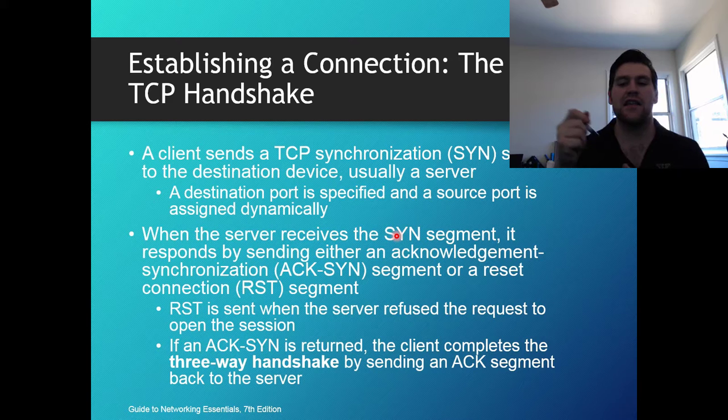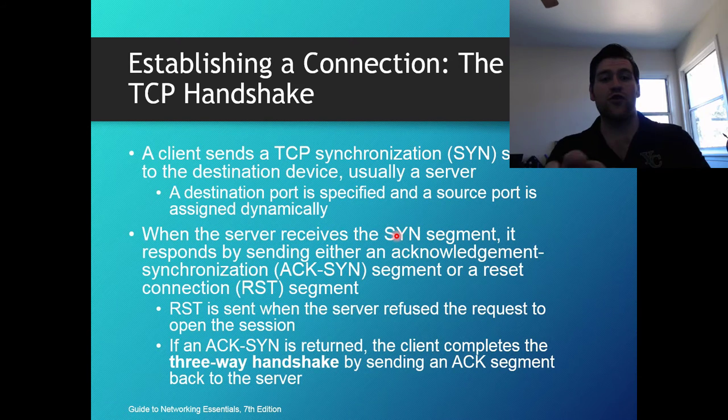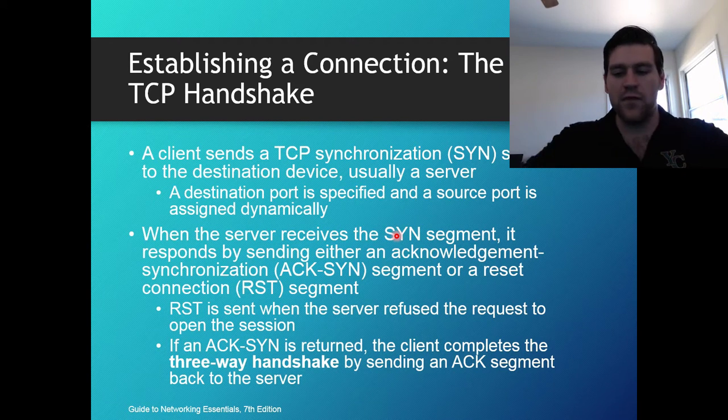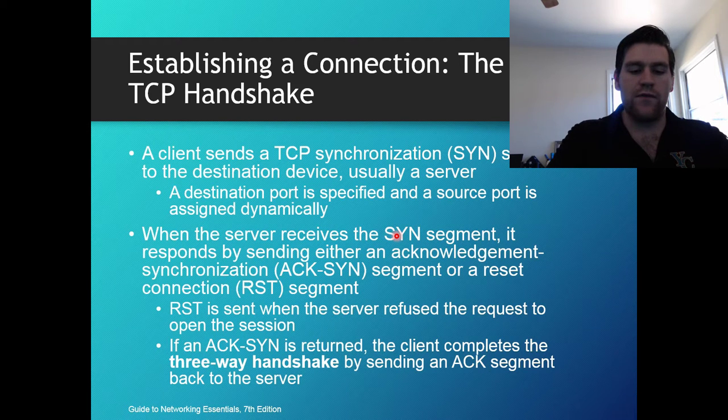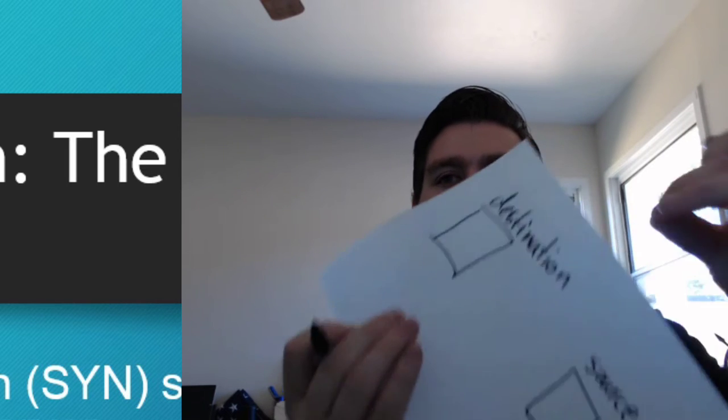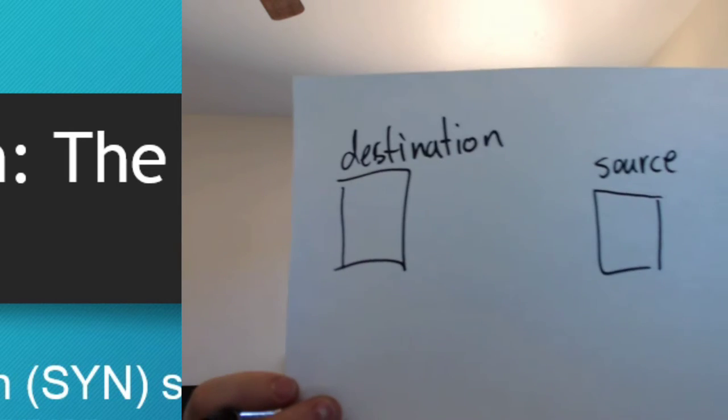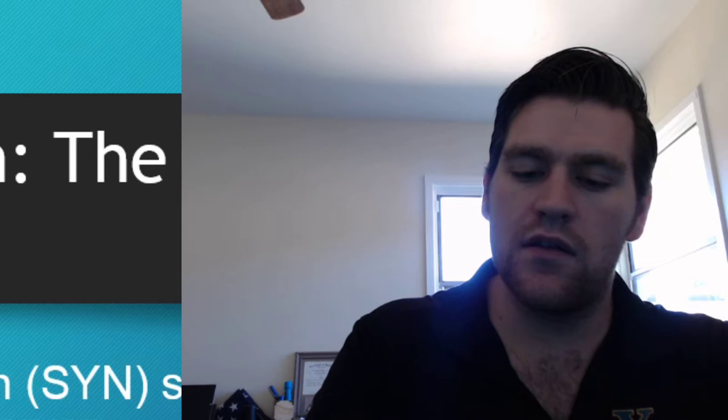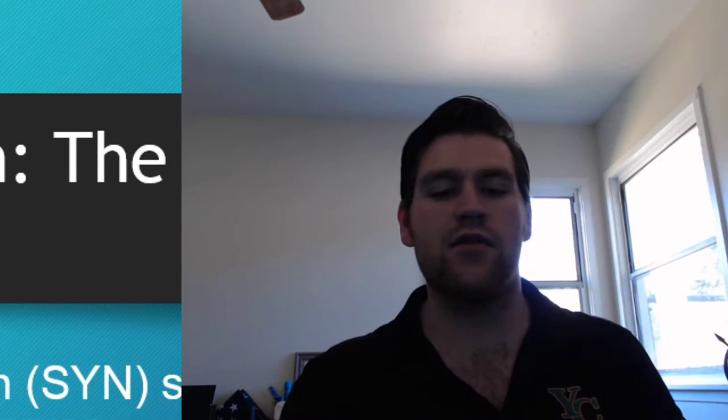So it's like this. I'm going to do a little drawing. I know you guys love my drawings. We've got a source PC and a destination PC here. Let's not confuse ourselves with the intermediary network, because that's irrelevant at this point. The source is going to send a SYN packet, a synchronization packet.